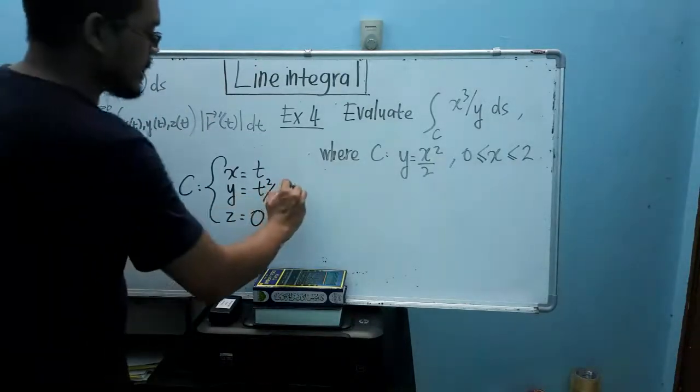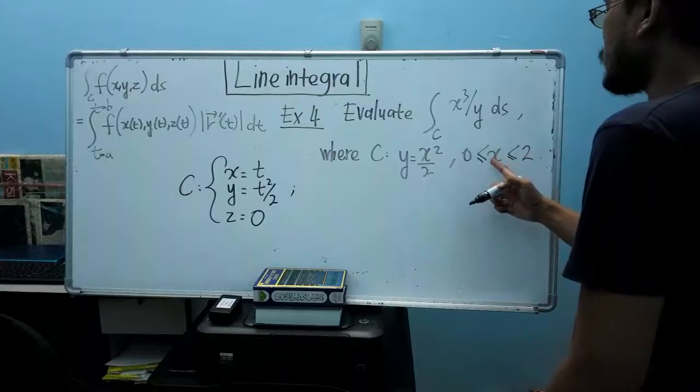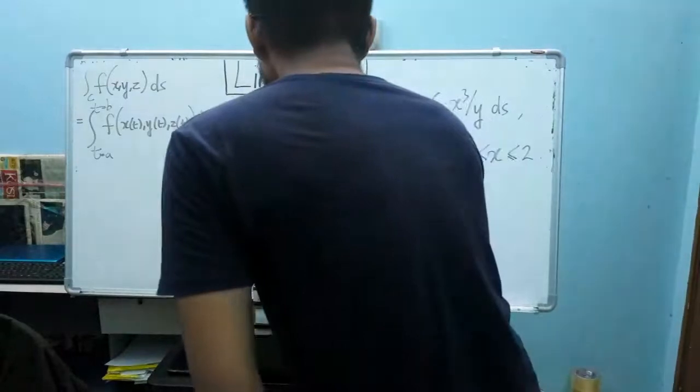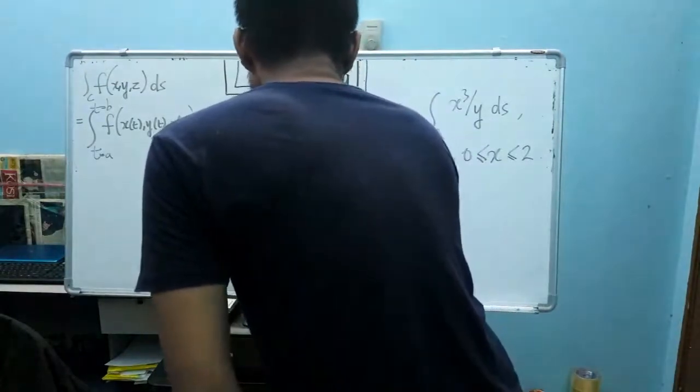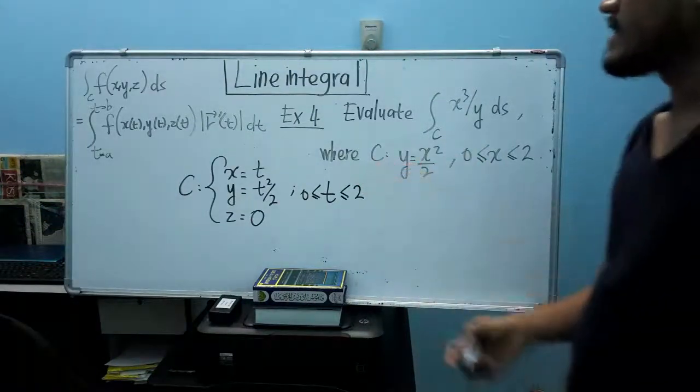Of course, since x is between 0 and 2, and x equals t, t is also between 0 and 2.